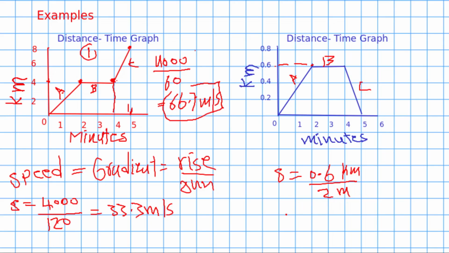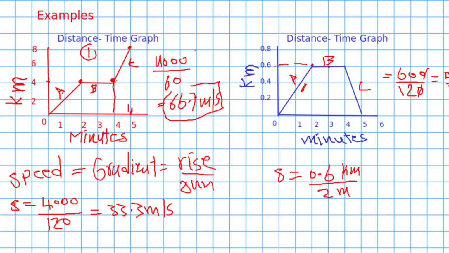So the speed is equal to 0.6 kilometers, which is 600 meters, divided by 120. The 0 cancels, so we are left with 60 divided by 12, which is 5 meters per second. So this is our speed in this section.